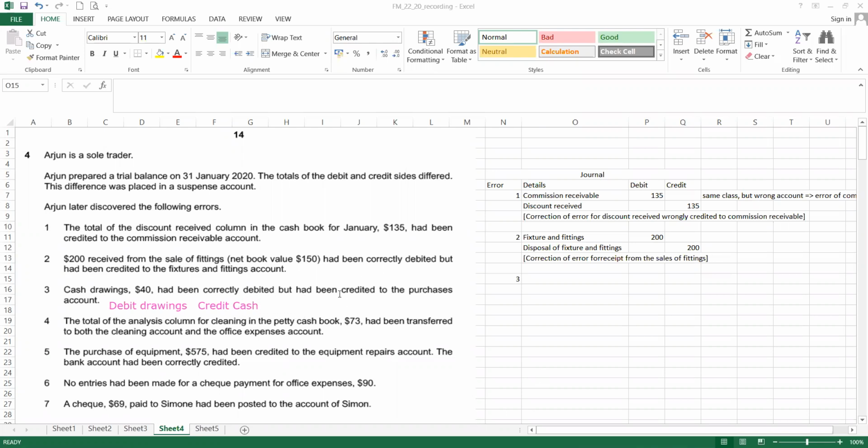But we went and credited purchases. So that means cash should be on the credit side, but we didn't put it in. We went and put purchases. So we had to reverse the purchases, which is debit purchases, and credit the cash. So this is the adjustment. So correction of error for cash drawing.